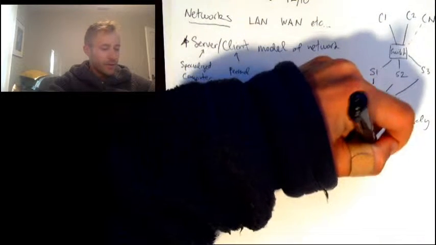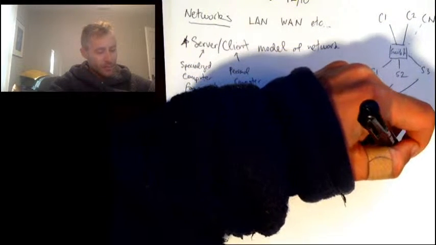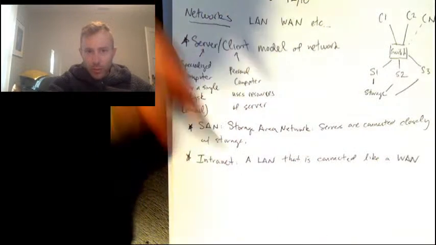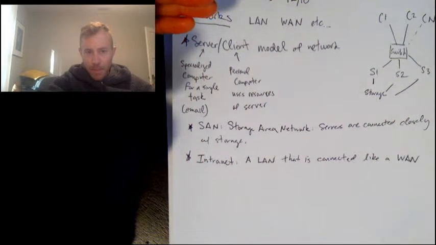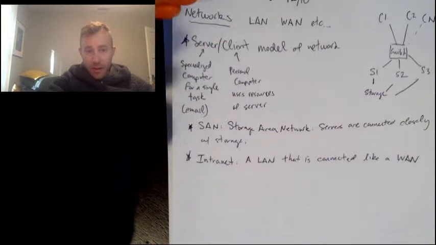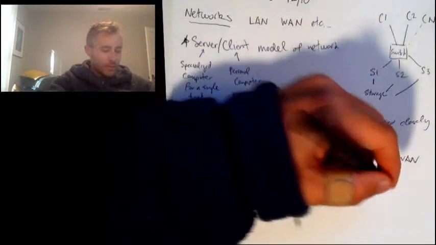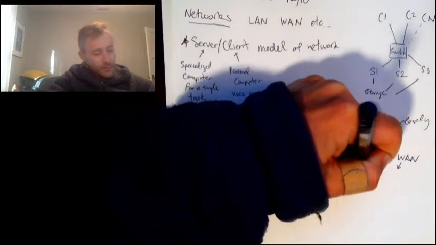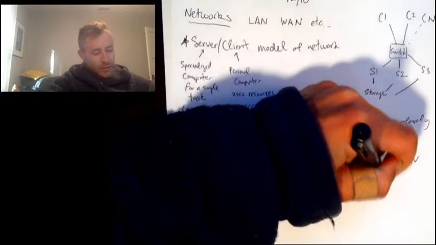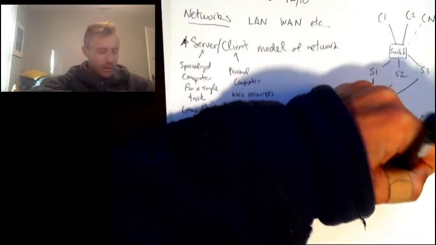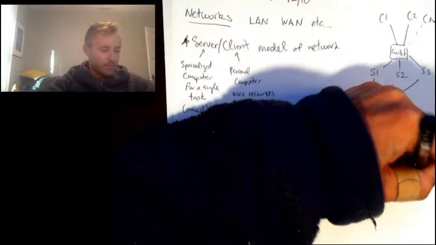like the internet, like a wide area network. So what does that mean? Well, the internet obeys certain protocols. When I say it's connected like a wide area network, what I mean is it uses what's called the TCP/IP protocol.